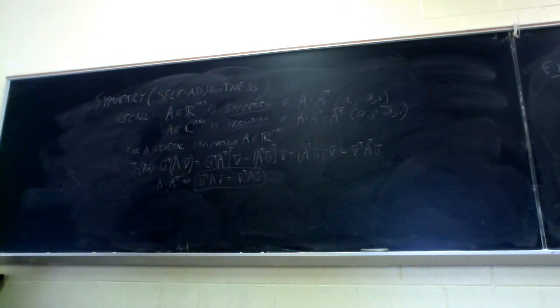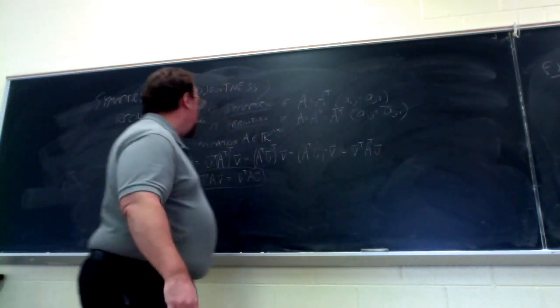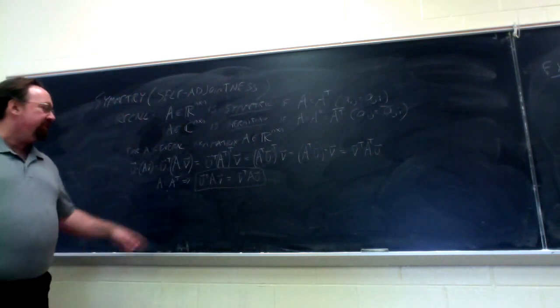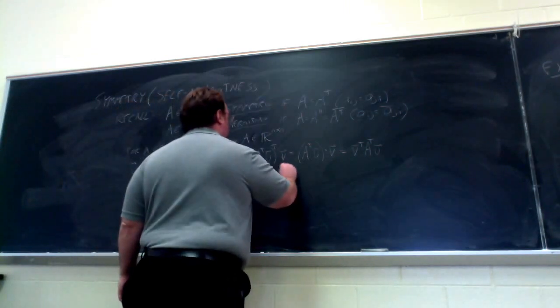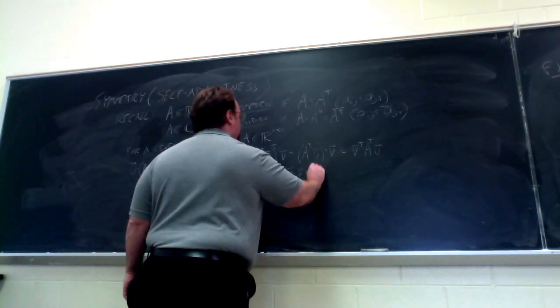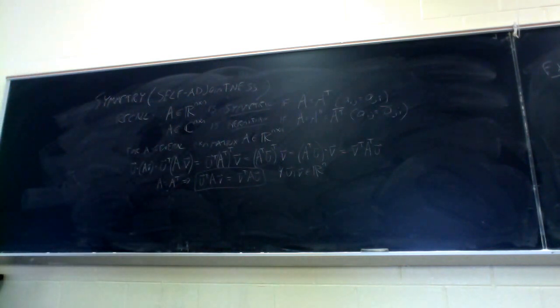So that's what I'm looking for here as a way to characterize a symmetric matrix. And we have this definition, Aij equals Aji, but we can also say that A is symmetric if this is true for all vectors U, V in Rn, but you can swap U and V.